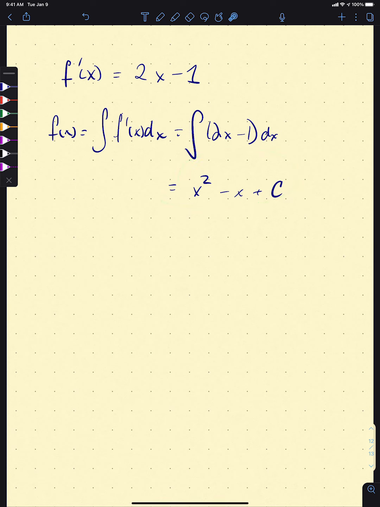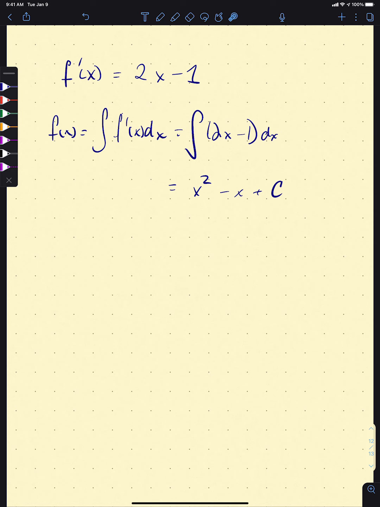Because we have this plus c. That differs from something like a particular solution, right? A particular solution doesn't have a c at the end. It has some number, right? Think about it this way, right? All functions like this have 2x minus 1 as their slope, right?